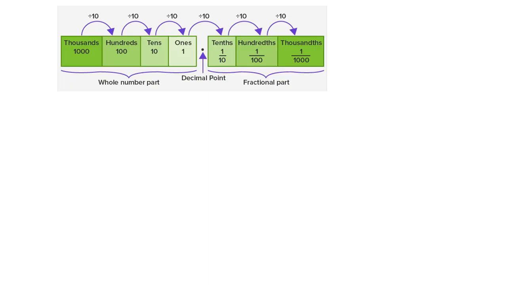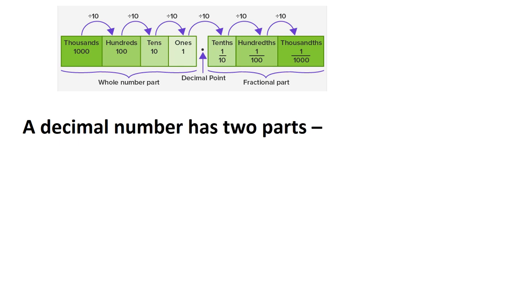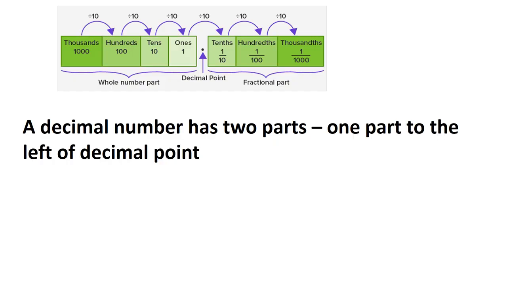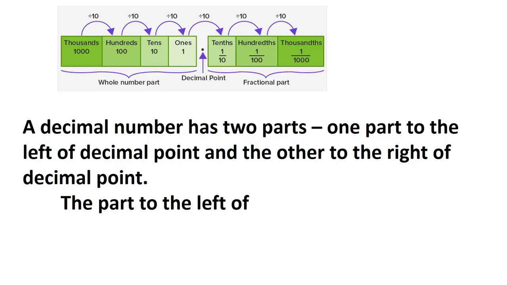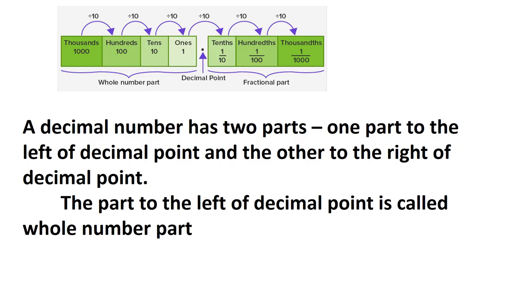These ones, tens, hundreds, thousands are known as the whole number part, and the right hand side part is known as the fractional part or decimal part. A decimal number has two parts. One part to the left of the decimal point and the other to the right of the decimal point. The part to the left of the decimal point is called the whole number part.